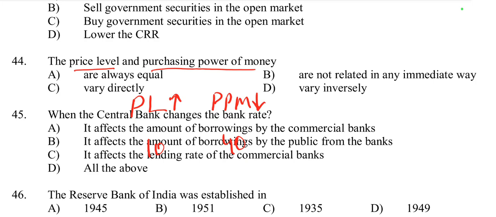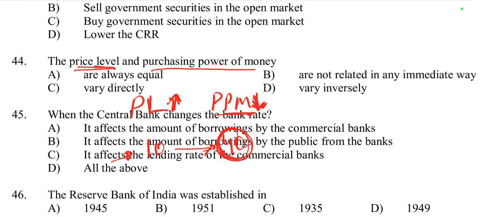So here the difference is, earlier we gave 10 rupees and got 1 kg of potato, but at present, to get 1 kg of potato we have to sacrifice 40 rupees. So here the purchasing power of money reduces. When the price level rises from 10 to 40, then the purchasing power of money decreases.